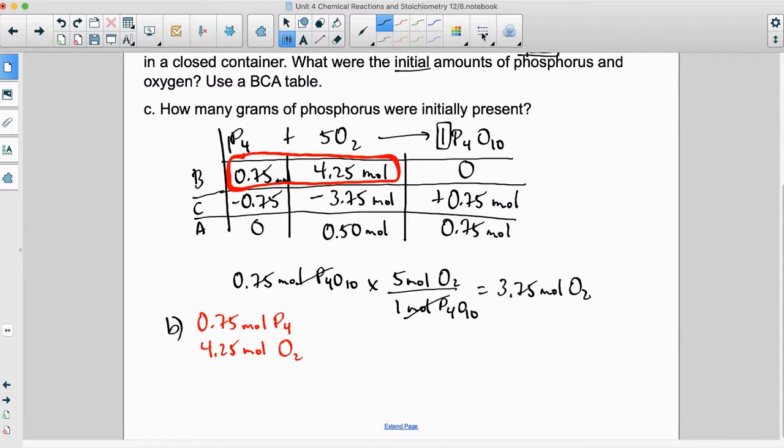All right, and then the last part of this asks us for the grams of phosphorus. So if we start off with 0.75 moles of P4, we need to multiply that times the molar mass of P4, which is 123.88 grams per mole.